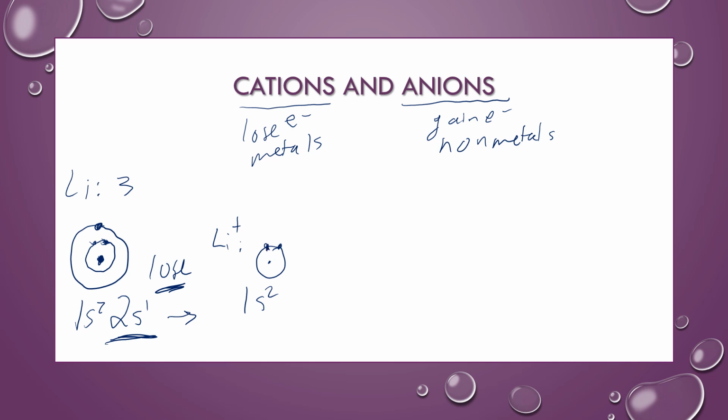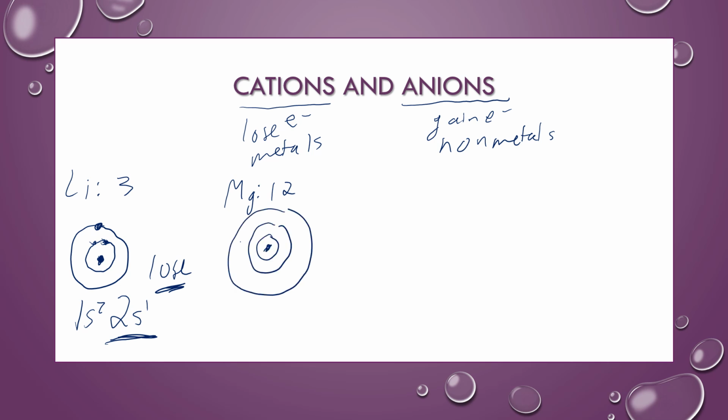And the same thing is true when you have some slightly larger atoms. Let's look at another one. So let's say we've got something like magnesium. Magnesium has 12 electrons total. And again, I'm going to use a Bohr model for simplicity, but effectively you're going to have 2 in the first energy level, 8 in the second energy level, and 2 in the outermost valence shell.